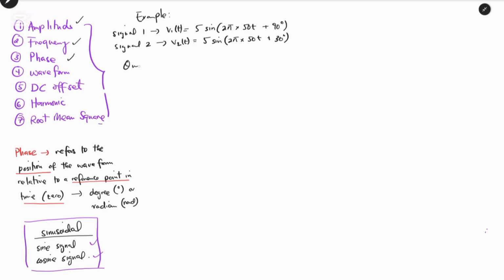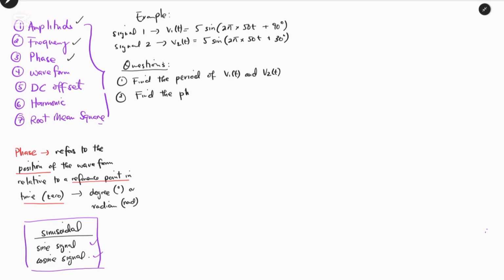Now the questions. 1. Find the period of the signal V1(t) and signal V2(t). 2.